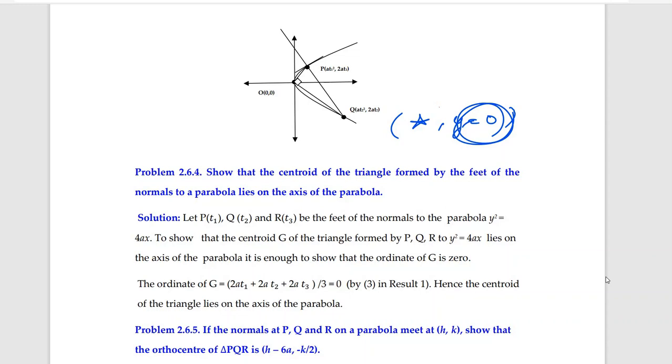We know that the centroid is given by a(t1 square plus t2 square plus t3 square) divided by 3 as the x coordinate. The y coordinate, that is the ordinate of G, is 2a(t1 plus t2 plus t3) by 3. Taking 2a by 3 out, we get t1 plus t2 plus t3, that is 0. So the ordinate of G is 0, and hence the centroid lies on the axis.